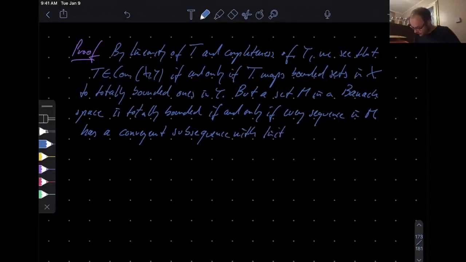Because the total boundedness and the sequential compactness in complete metric spaces are also the same thing. Okay, and that's it. So that is this one here.